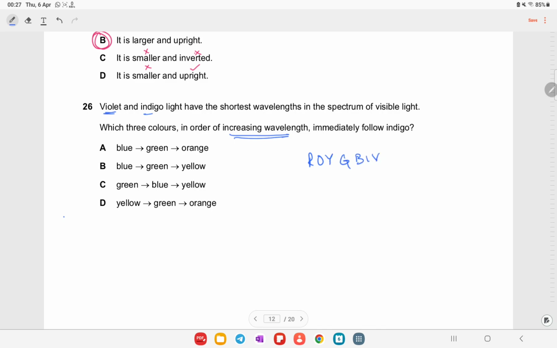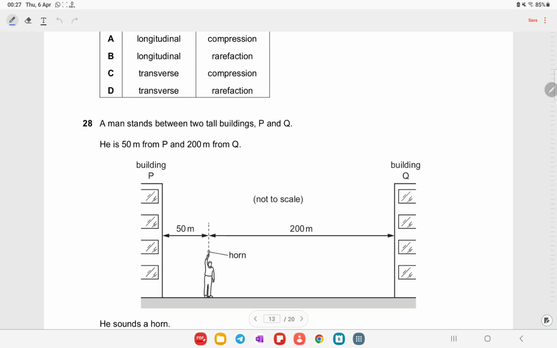They are asking about violet and indigo, so after these comes blue, green, and yellow. Yellow, green, and blue is your right answer. If you travel from red to violet, the wavelength decreases and the frequency increases. Okay, moving to the next question.